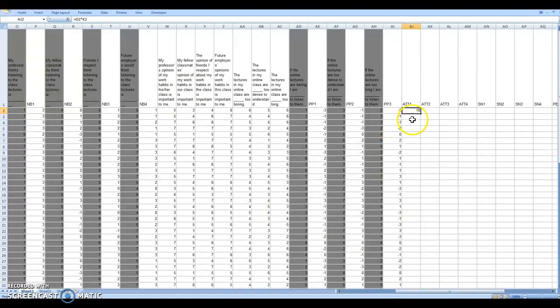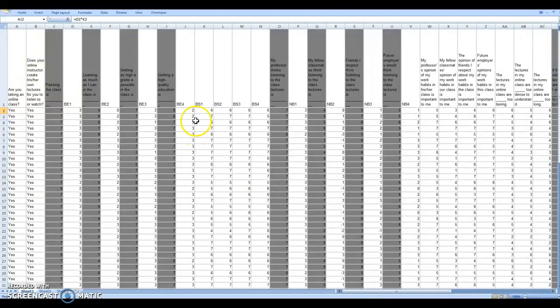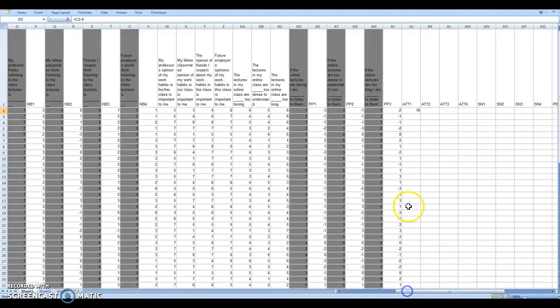That came out to be 18. So what's in D2 and K2? Well, in D2 is BE1. K2 is BS1. One of those was a 6, the other was a 3. 6 times 3 is 18, and it said 18.